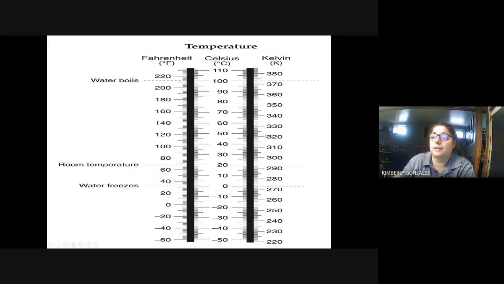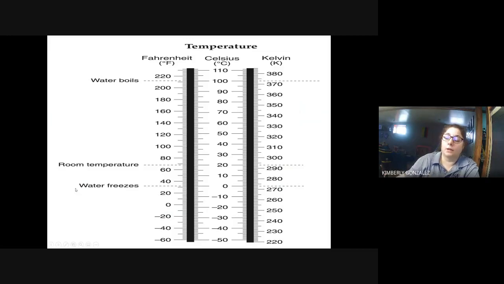For Celsius and Kelvin, it goes by 1. So if it's 80 degrees Fahrenheit, I look over, that's approximately 26.5 degrees Celsius, which leads over to about 299 Kelvin.